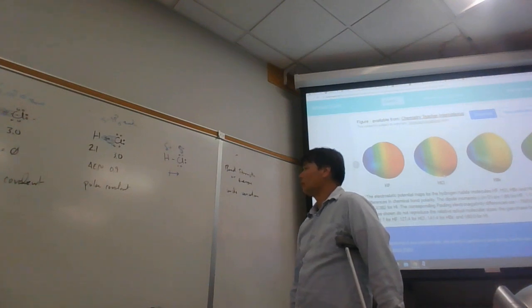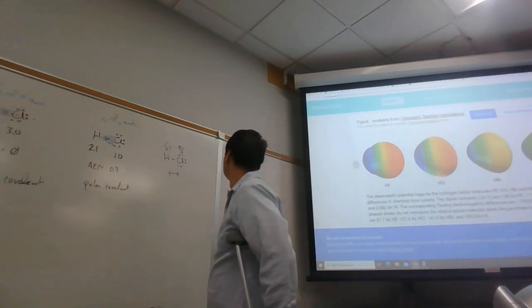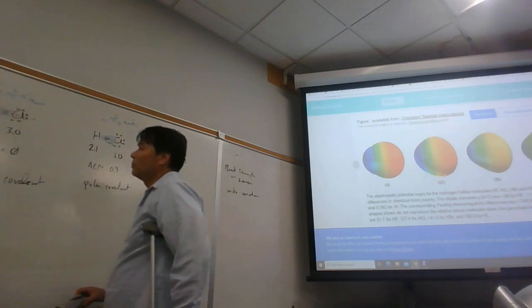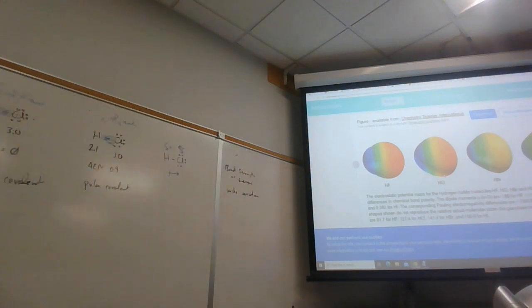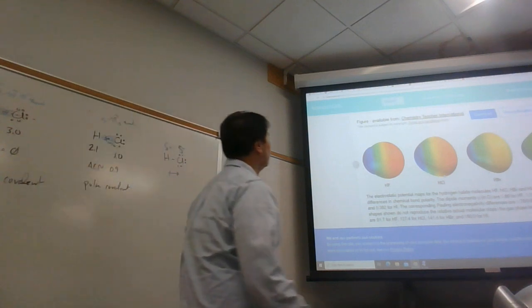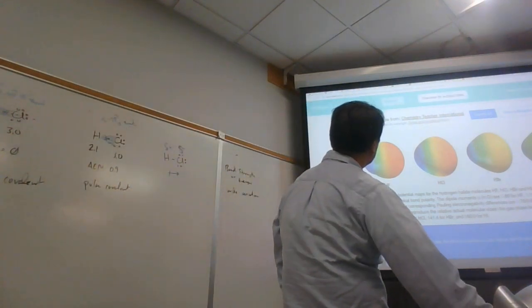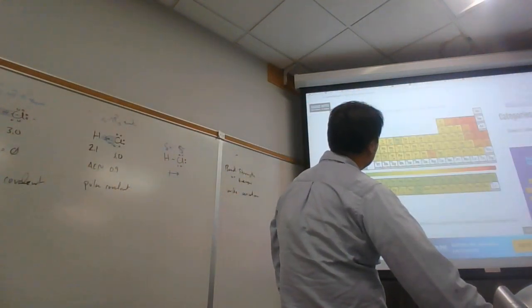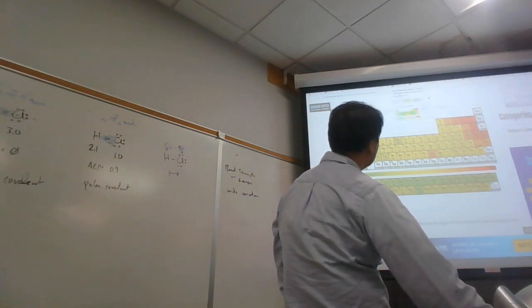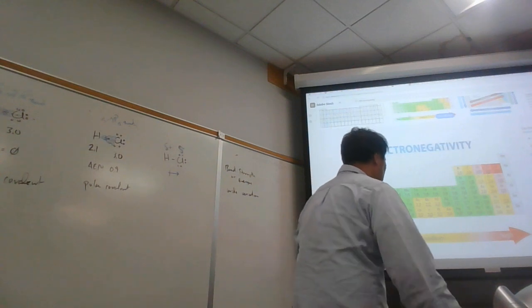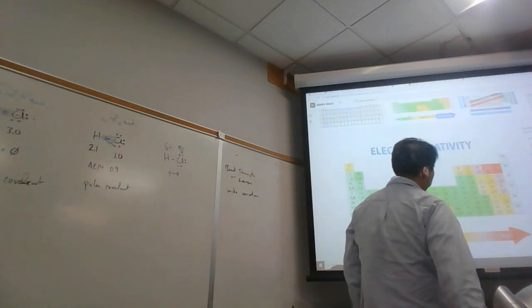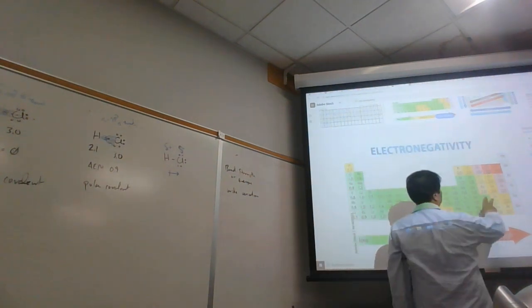Right, delta EN 0.9 is polar. Okay, the most polar would be the ionic. And the most ionic we could have is taking the least electronegative. So let's take a look at the electronegativities. We're going to be using Pauling's electronegativities. And we don't want this much precision. Really, if we're going to start using that much precision, we probably should factor in the bonding and everything else.